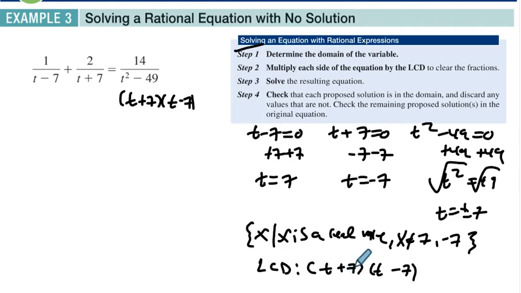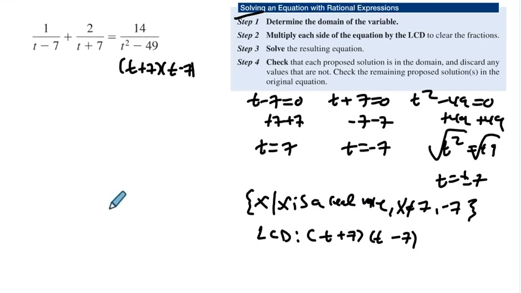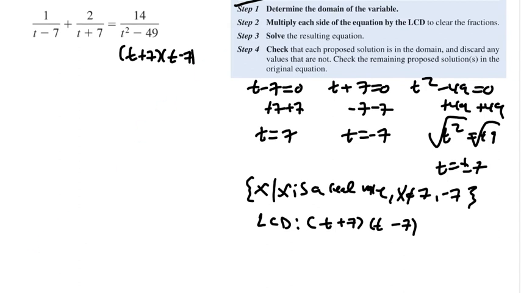So the way this works in step 2 is to multiply everything by our common denominator of t plus 7 and t minus 7. Let's go ahead and do that over here in blue. I'm going to multiply t plus 7, t minus 7 by my first term, 1 over t minus 7.